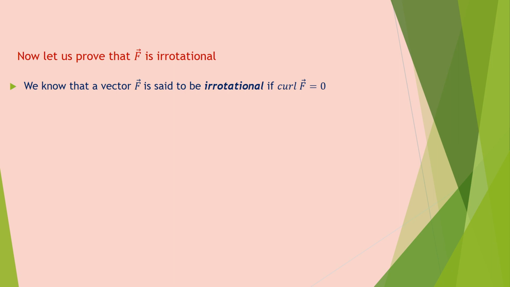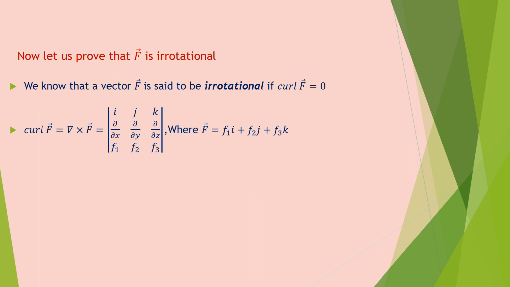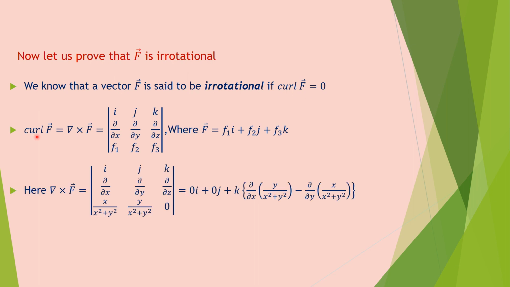Use the definition of curl f, that is curl f is equal to del cross f, which is the determinant with rows i, j, k; ∂/∂x, ∂/∂y, ∂/∂z; f1, f2, f3, where f is equal to f1 i + f2 j + f3 k.